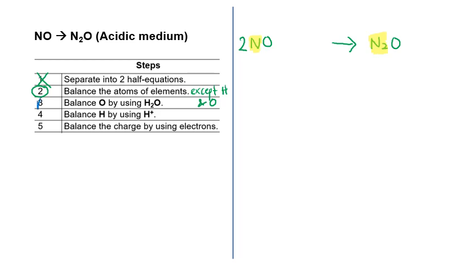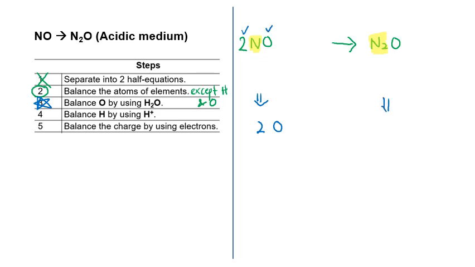Next, I will continue with step 3. Balance oxygen by adding H2O. So when we look at here, the left hand side has 2 oxygen. How to get 2 oxygen? Because there is 2 NO, and each NO has 1 oxygen, so in the end we have 2 oxygen.